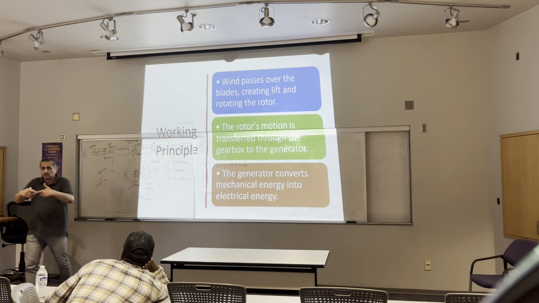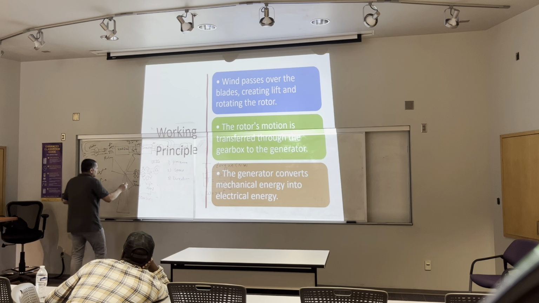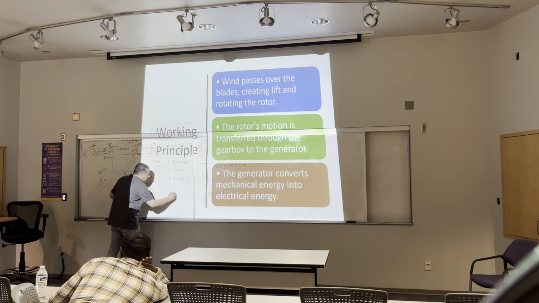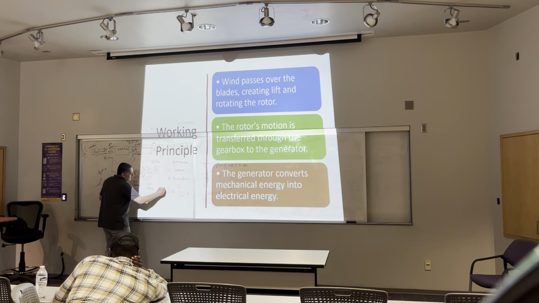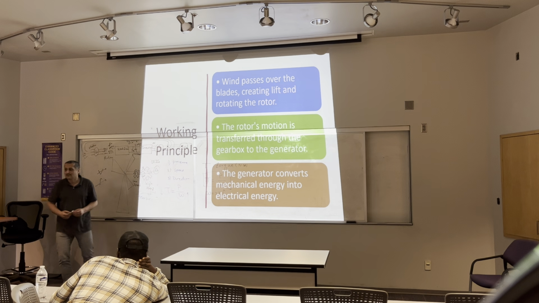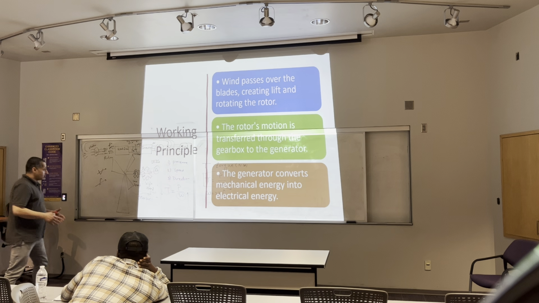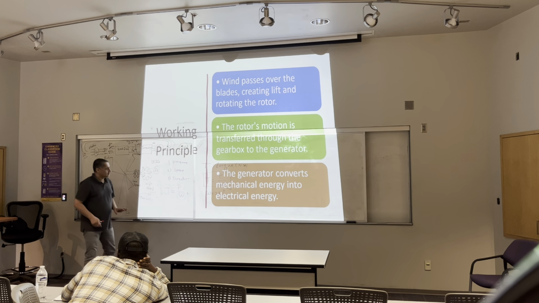High speed means high power generator. Why? Because we have torque equal power divided by omega. High speed, low torque. Or low speed, high torque.